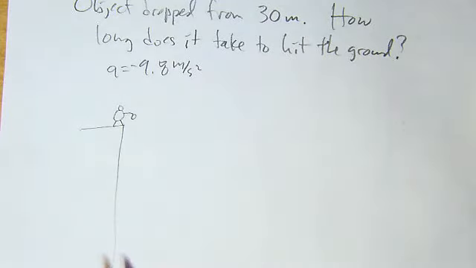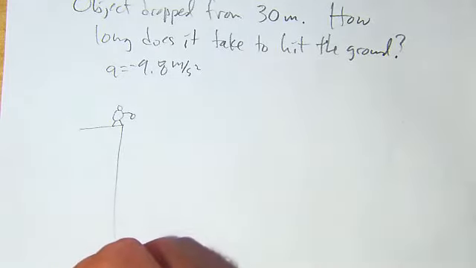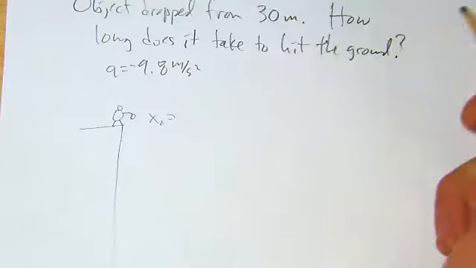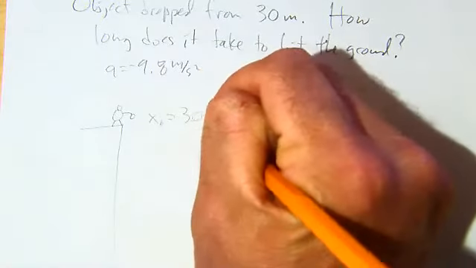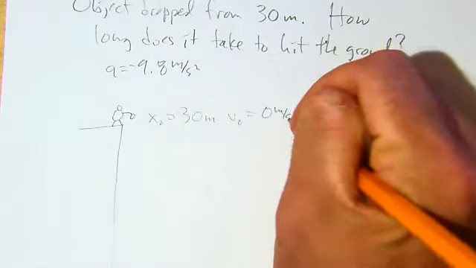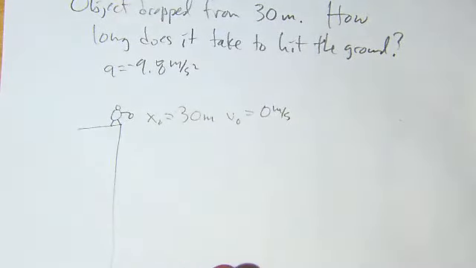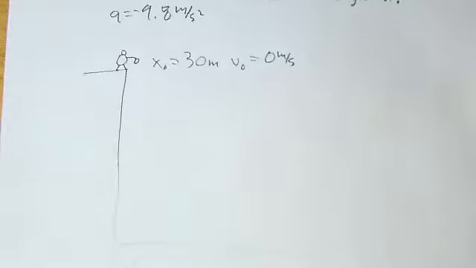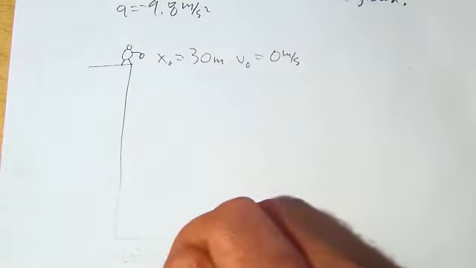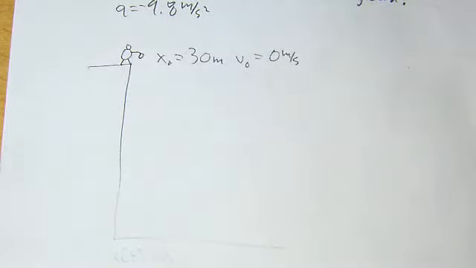I'm going to define 0 height down at the bottom. So the starting height is actually 30 this time. Starting velocity, it's starting from rest because we're dropping it. The x at time t, that's down here at the bottom. The position at time t is down here at 0, actually. I defined this to be 0 meters, the bottom of the cliff.